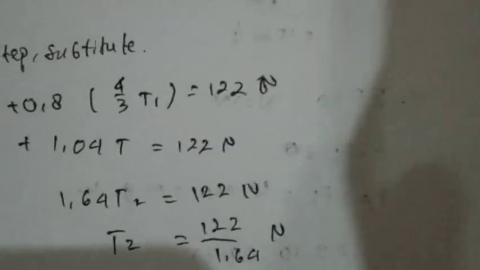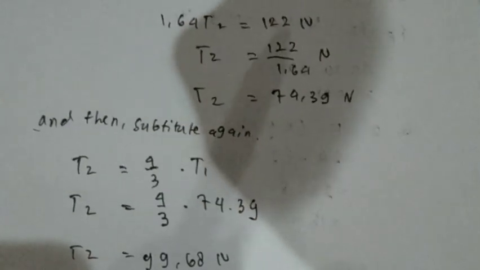The second one, Fy equals 0, and up and down are positive and negative. Minus W plus T1 times sin 37 degrees plus T2 times sin 53 degrees equals 0. Minus 124 plus T1 times 0.6 plus T2 times 0.8 equals 0. 0.6 T1 plus 0.8 T2 equals 124.